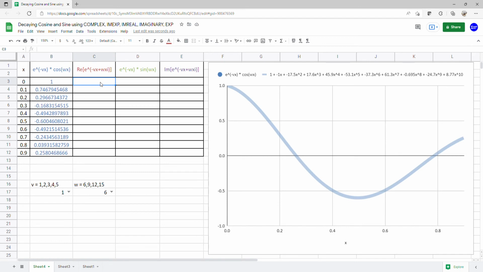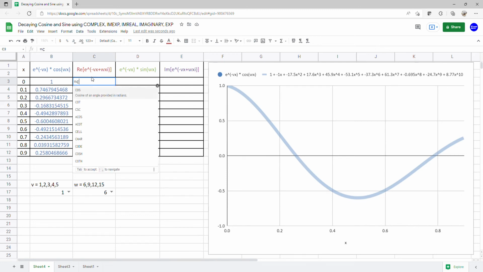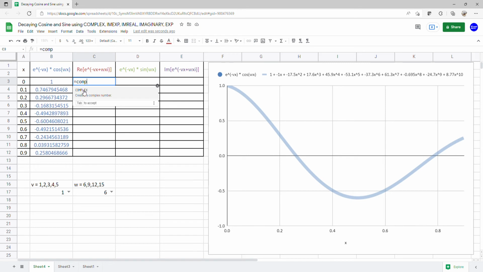We continue using the complex function. So we begin with the complex. So this is equal to complex, minus v times x, comma, w times x, and after that we apply the exponent function.